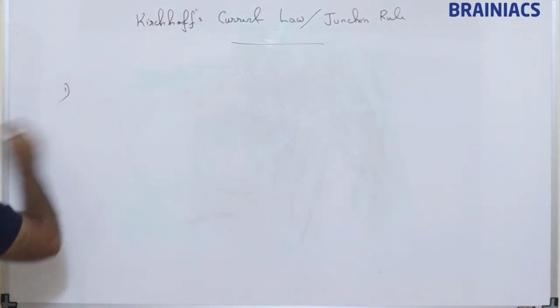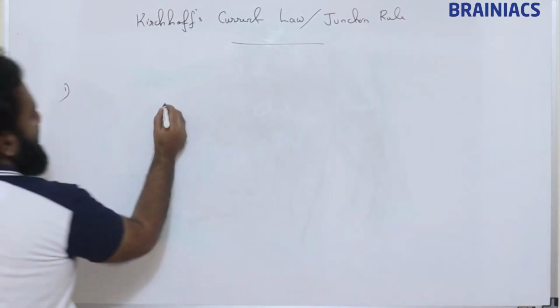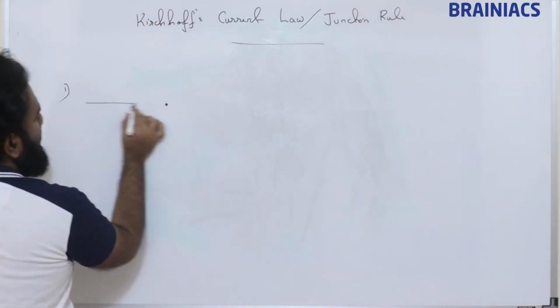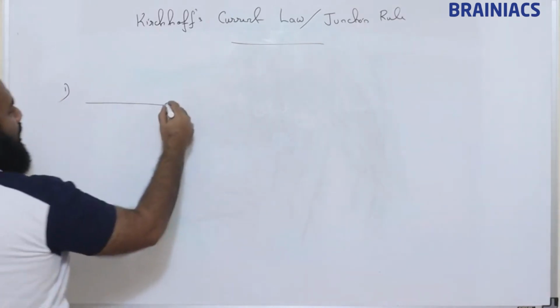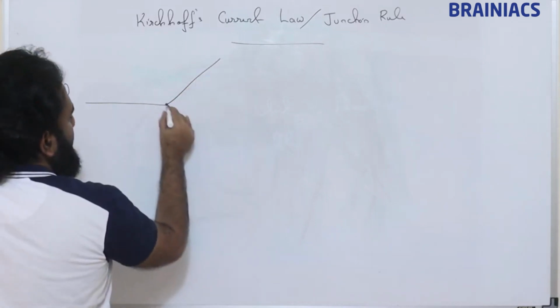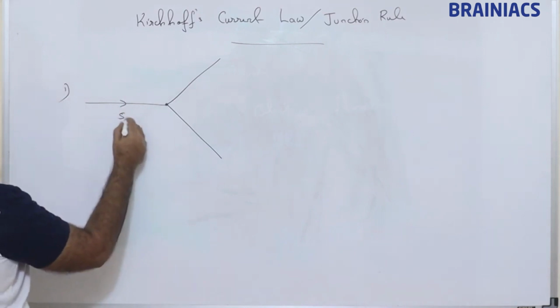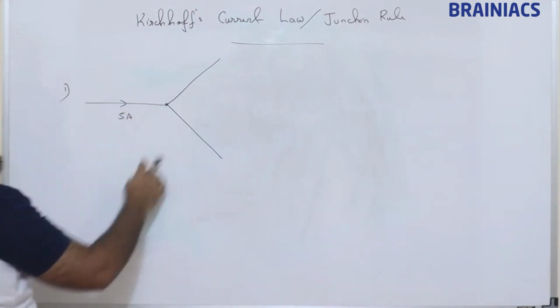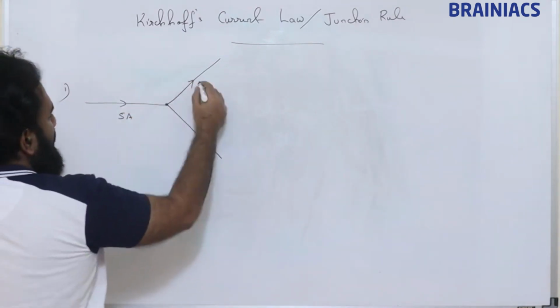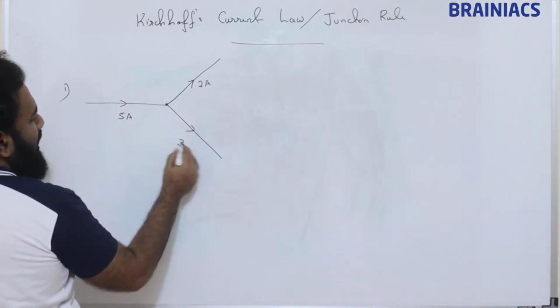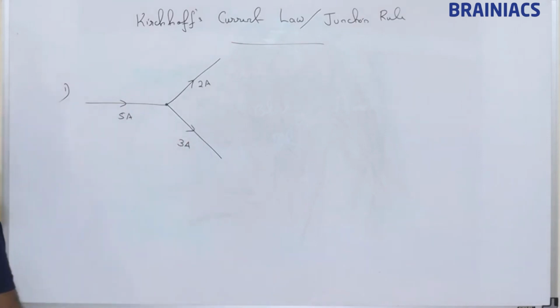So the very first point which we need to understand is, suppose this is a branch, this is another wire, this is another wire. Suppose 5 ampere current is coming like this, 2 ampere current is going like this, 3 ampere current will be going like this.